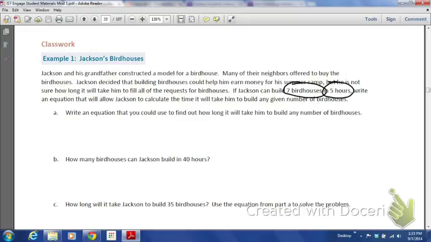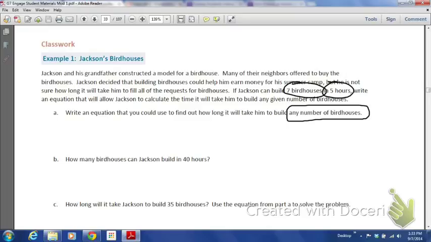Part A is to write an equation that you could use to find out how long it will take him to build any number of birdhouses. Equations are formulated so that you can predict things of this nature. For any number of birdhouses, if we have our original data, how long will it take to build any number?